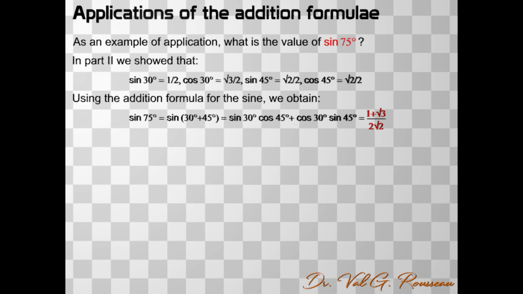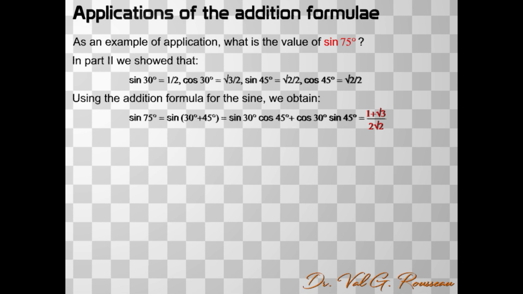So all we have to do is to write 75 as the sum of 30 and 45. I'll let you work it out, and you should find that the sine of 75 degrees is equal to 1 plus root of 3 divided by 2 root of 2. In a similar way, you can find the sine of 15 degrees by writing 15 as 45 minus 30.